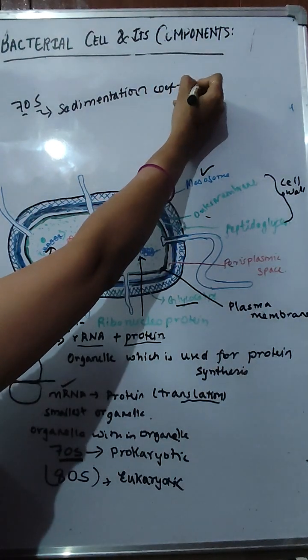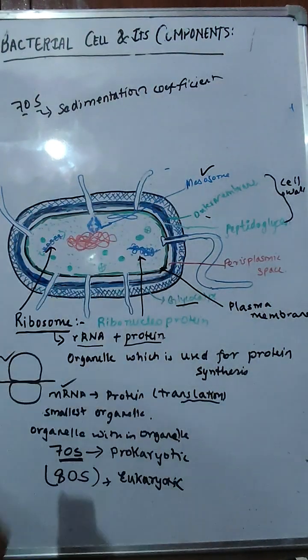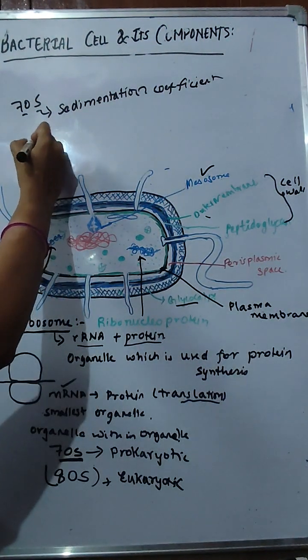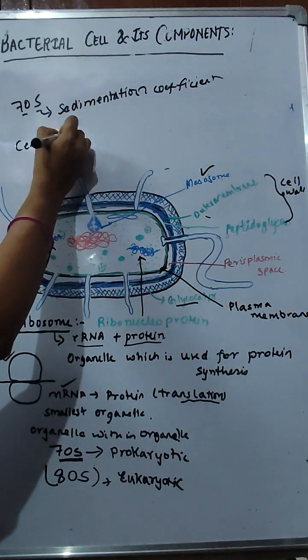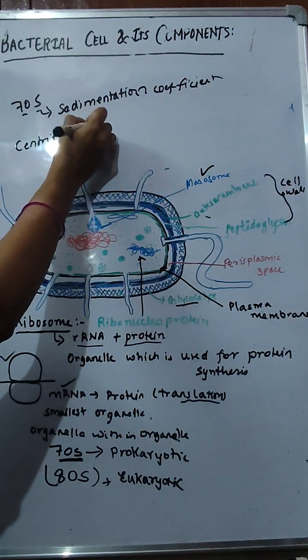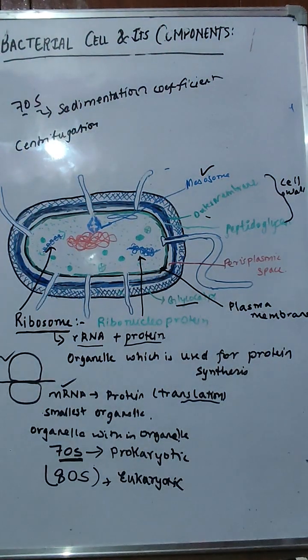There is an instrument or equipment for determining the mass or weight, or the size, of any particle. This equipment is known as ultracentrifuge. Centrifugation is a method done to determine the size or density of any particle.